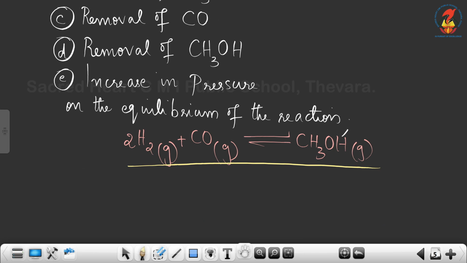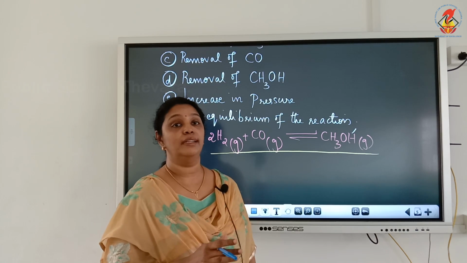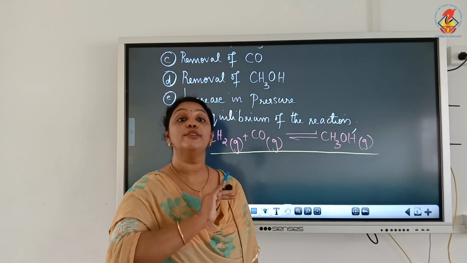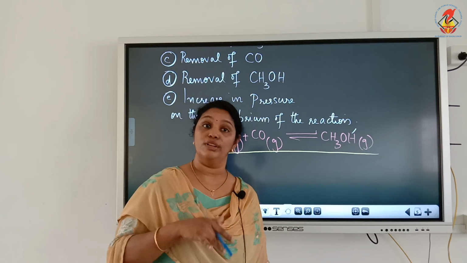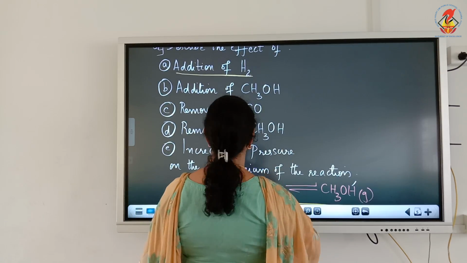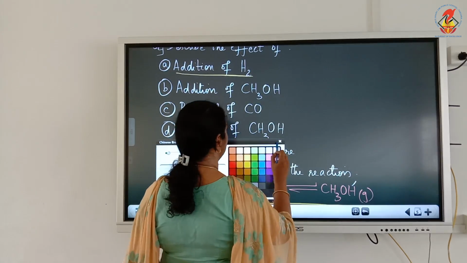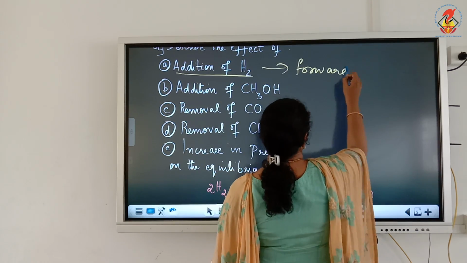You know that if I add more hydrogen, I am increasing the concentration of hydrogen. So what will happen? The reaction will take place in the forward direction to reduce that increased concentration of hydrogen. So the first answer is, addition of hydrogen: the reaction takes place in the forward direction.